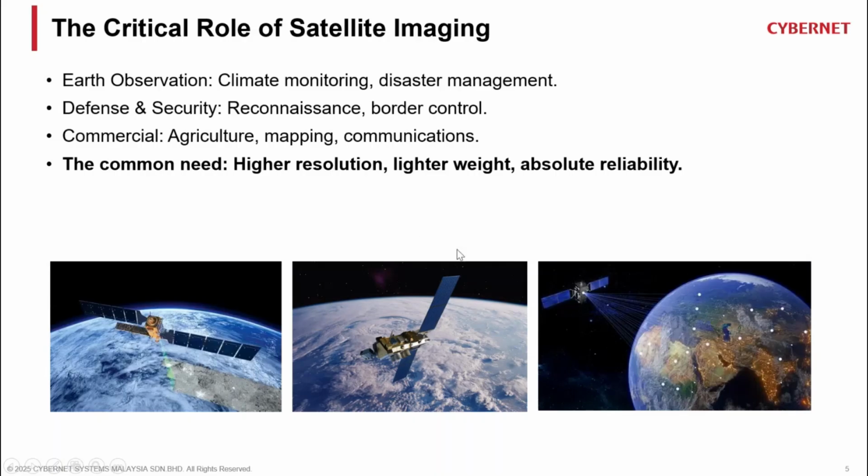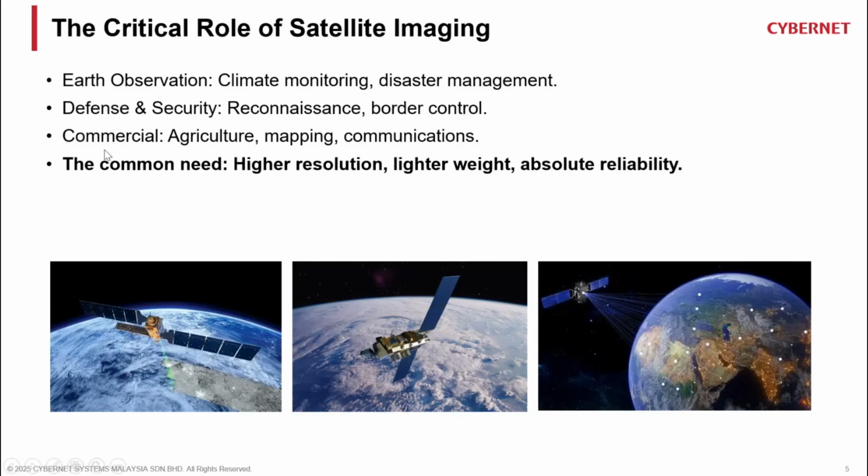Next section we will discuss the critical role of satellite imaging design. We already know satellites can be used for applications, for example, Earth observation to observe climate monitoring and also disaster management. Next, we might use them for defense and security, for reconnaissance and border control.